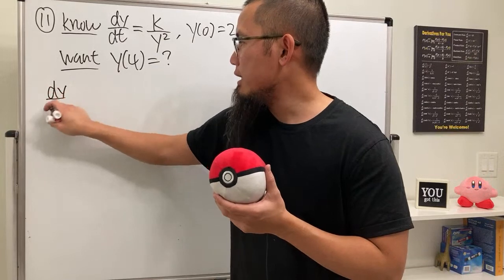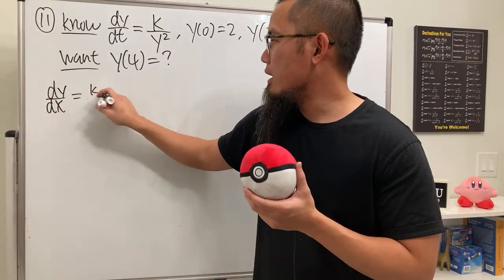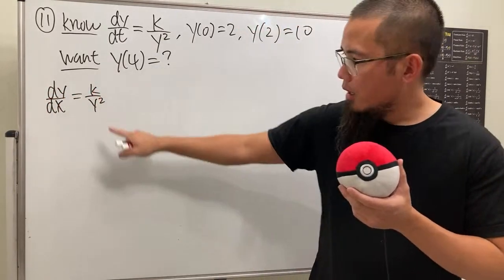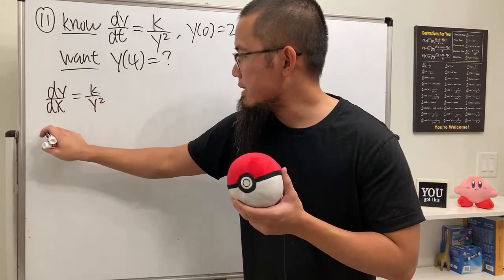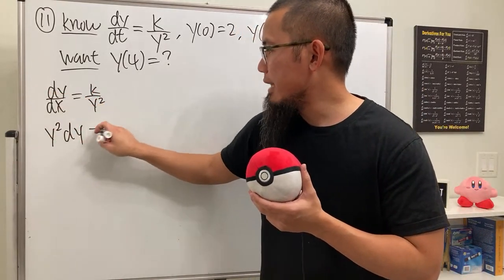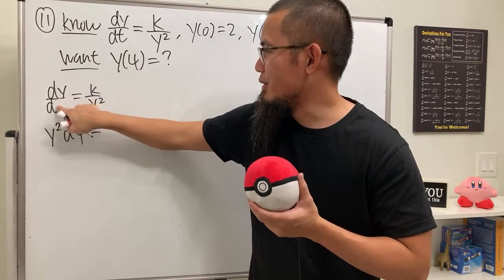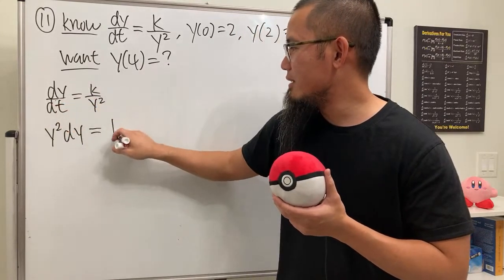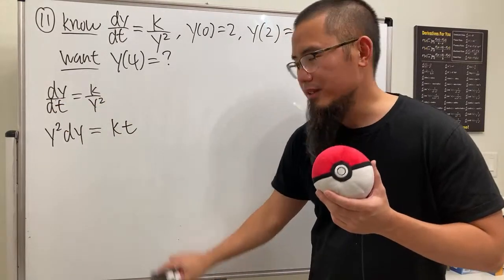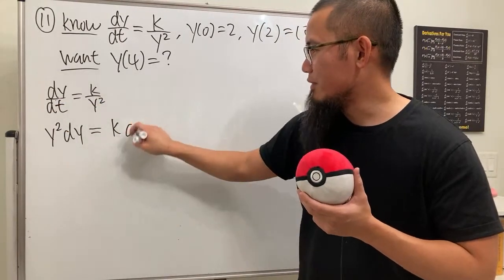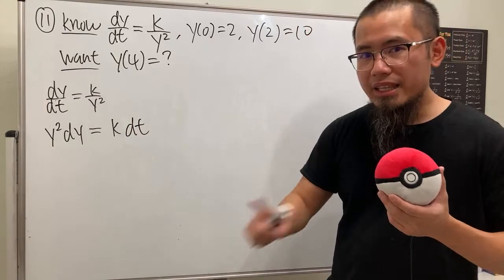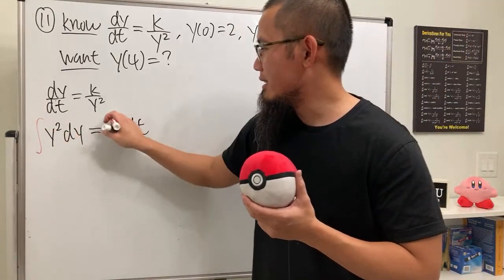So we have dy/dt equal to k over y squared. We multiply y squared on both sides, so we have y squared dy equal to k dt. Sorry, I got ahead of myself a little bit. Then we integrate both sides.